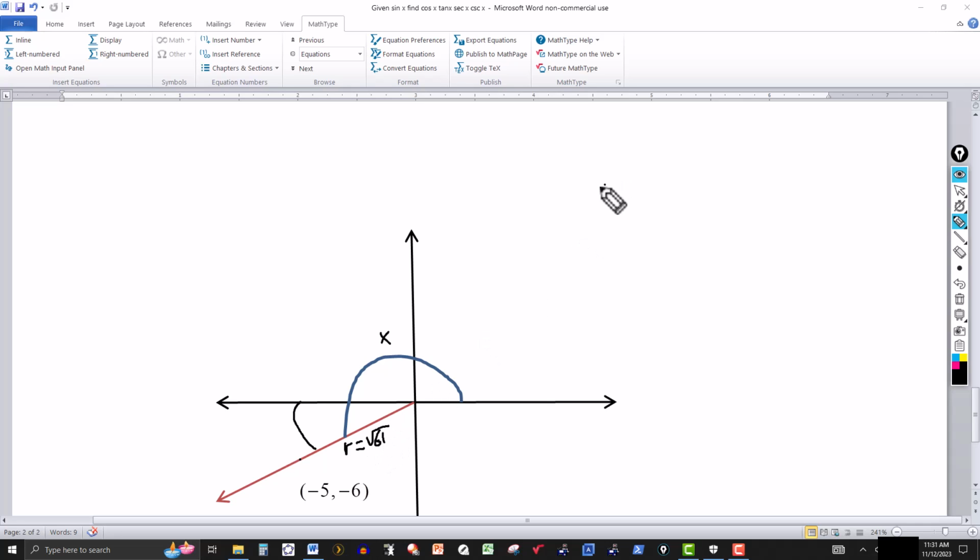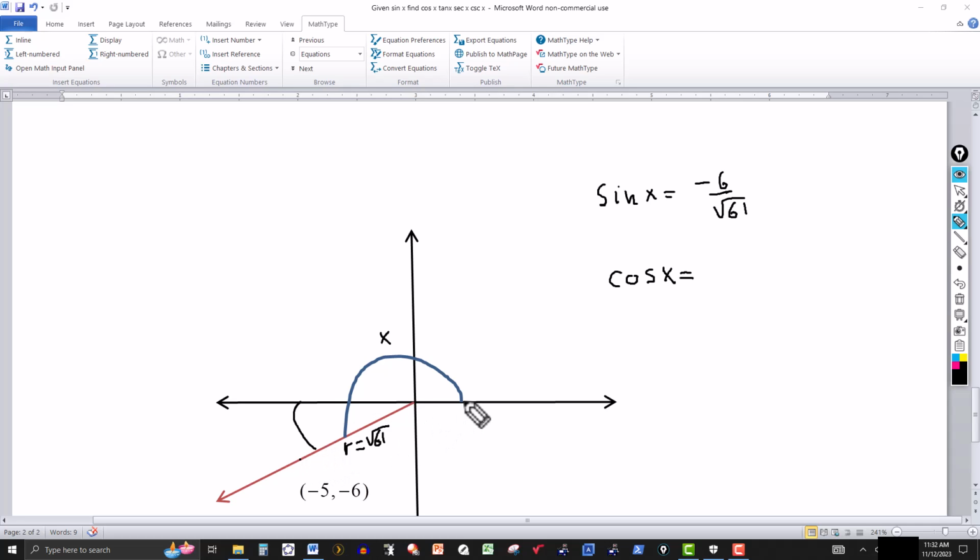So now we're given that the sine of x is equal to negative 6 over the square root of 61. Now cosine of x is going to be the x component over this radius r, the distance from the origin to that particular point.